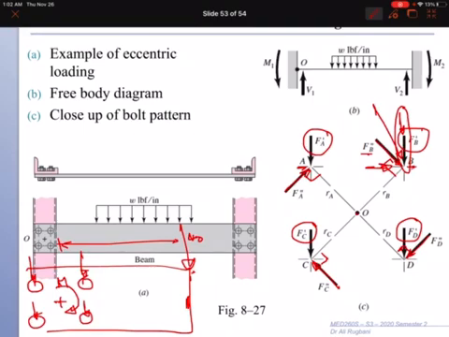For bolt A, if you take components for the secondary load, you get this component in horizontal and this component in vertical. That means we have less load in the vertical direction because you need to subtract these two loads, primary and the component of secondary. This will reduce the total load in bolt A. So bolt B will carry more load than bolt A.